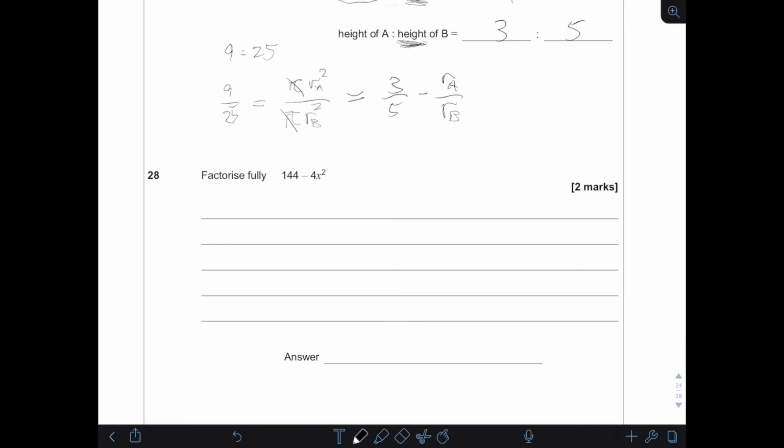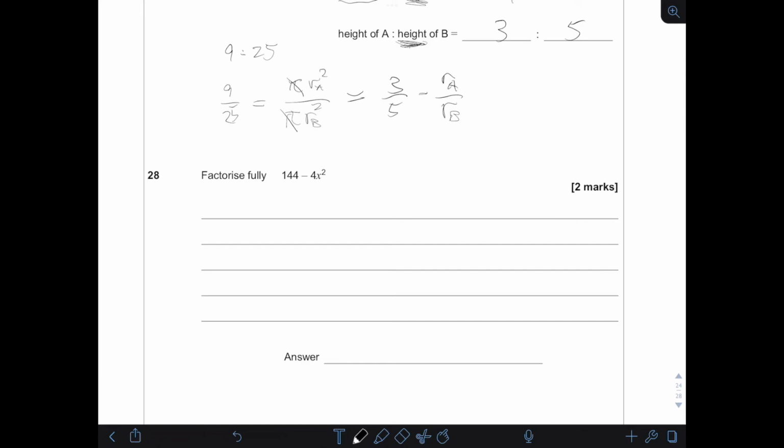And then finally we have to factorize. So we factorize 144 minus 4x squared, so we take 4 out of the equation. Oh, no, actually we don't. We can do better than that.